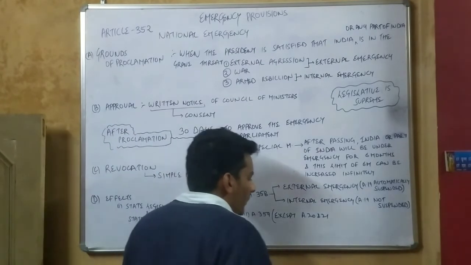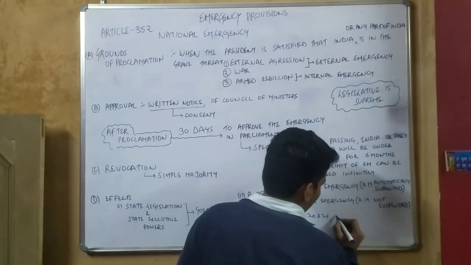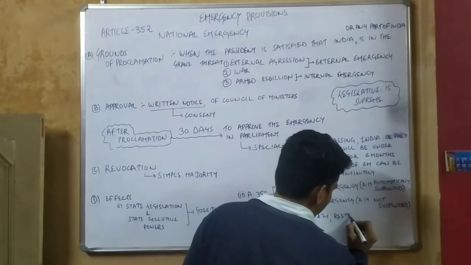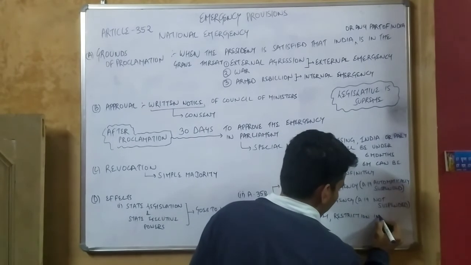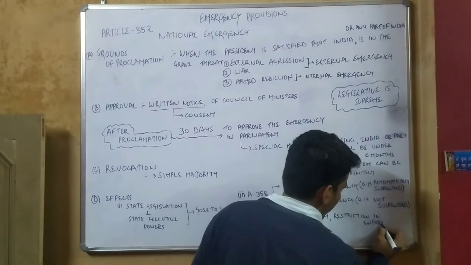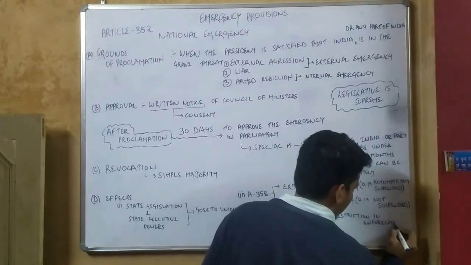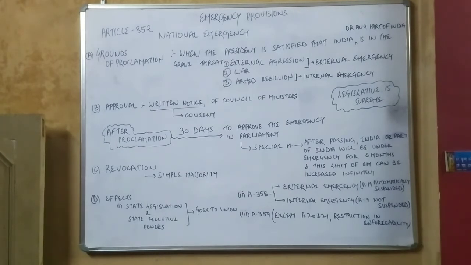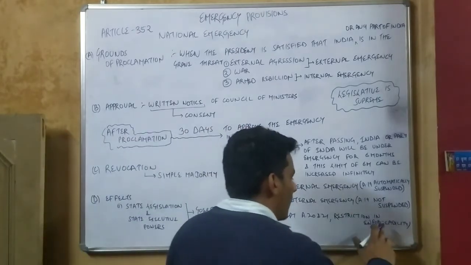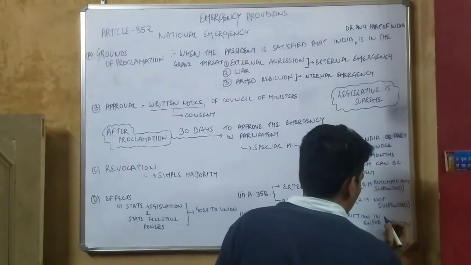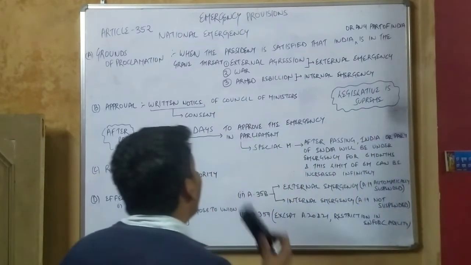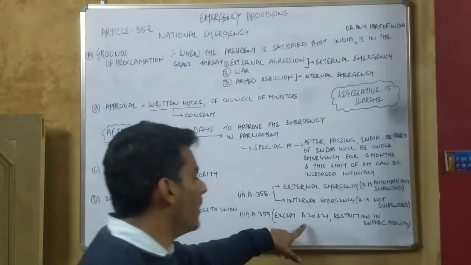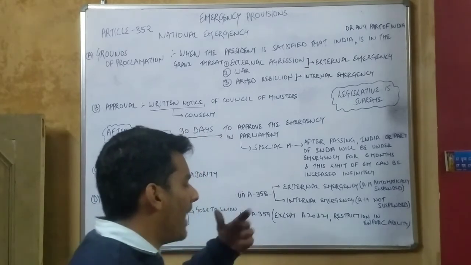Except Article 20 and 21, we have restriction in enforceability. What does it mean? It says that under the Article 352 emergency, except Article 20 and 21, your enforceability power has been restricted, right?